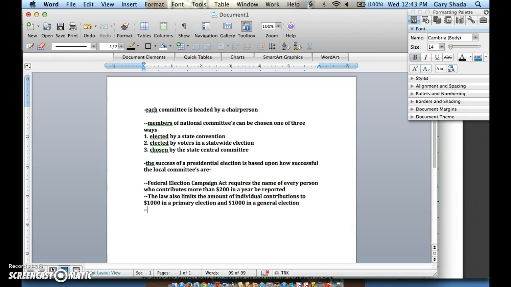In order to have access to the money raised in the presidential fund, a candidate has to raise $5,000 from private contributions in 20 different states.